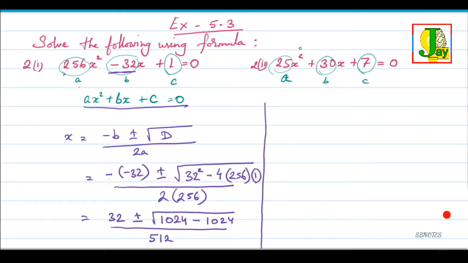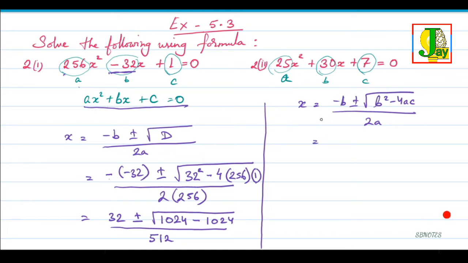Now let us see this question. Again we have a 25, b 30 and c 7. So you can just put the values in the formula. So x equals to minus b plus minus root over b square minus 4ac by 2a. Be careful, it should not look like 6, right?